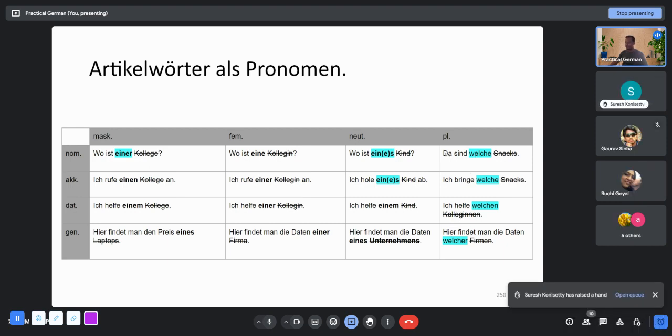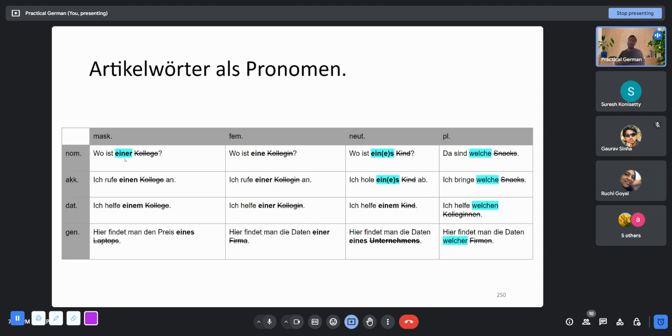Suresh asks: do we really use them in real time? You may not need it exactly like this, but for example, hier ist einer.